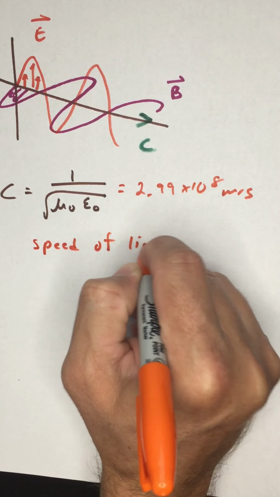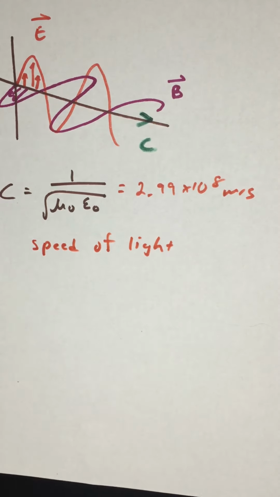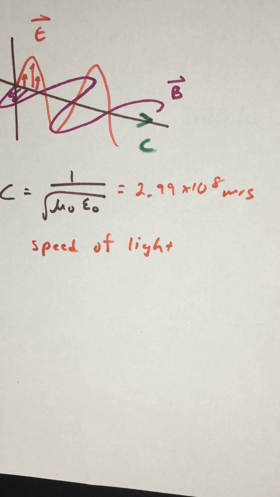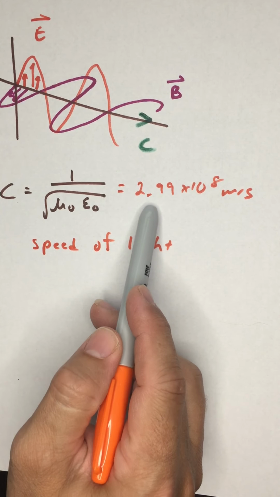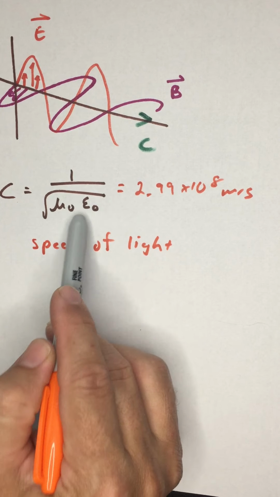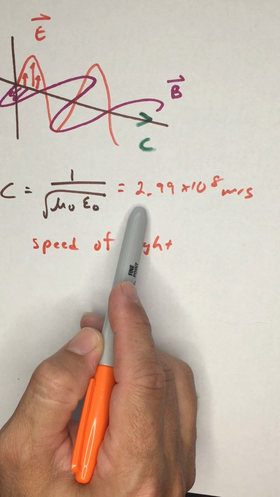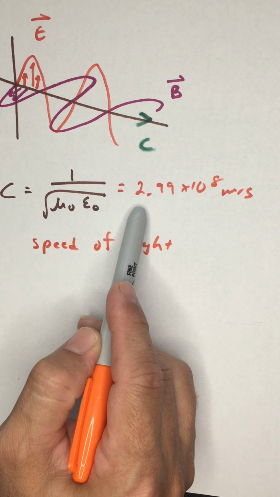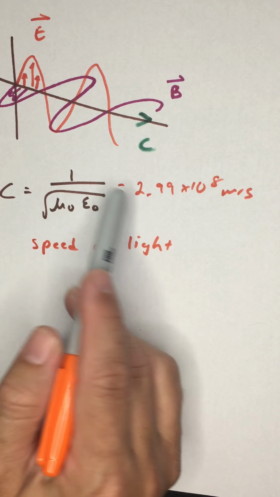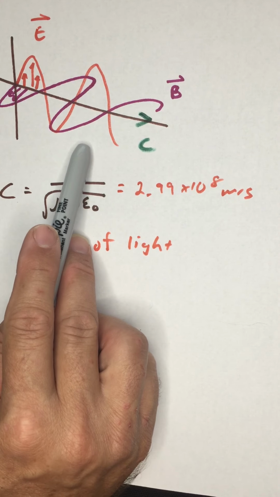of light. Now, when that was discovered, that was very, very surprising, because the relationship between electromagnetic waves and light was not actually well known, but it was known that visible light travels at this speed. And so when this was calculated, the inescapable conclusion is that light is just a kind of electromagnetic wave.